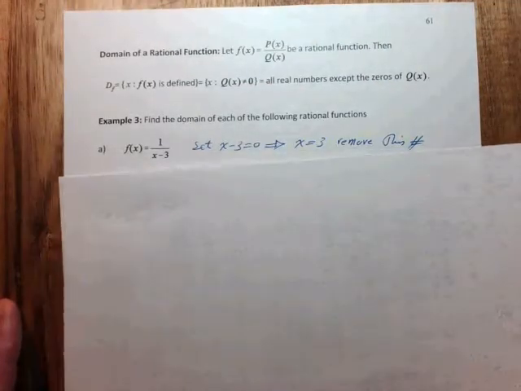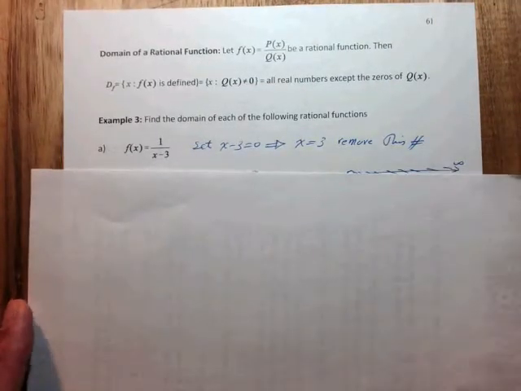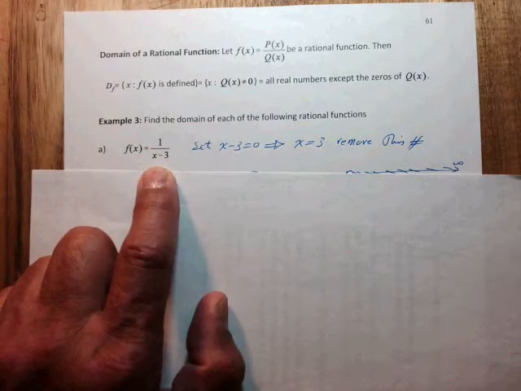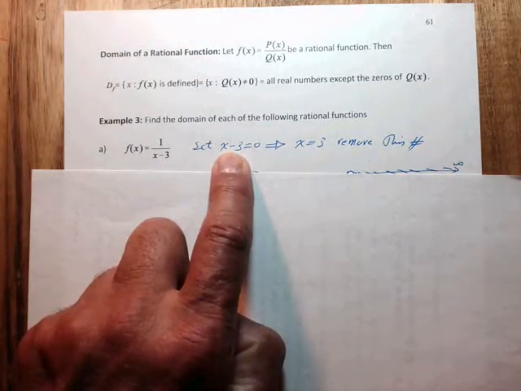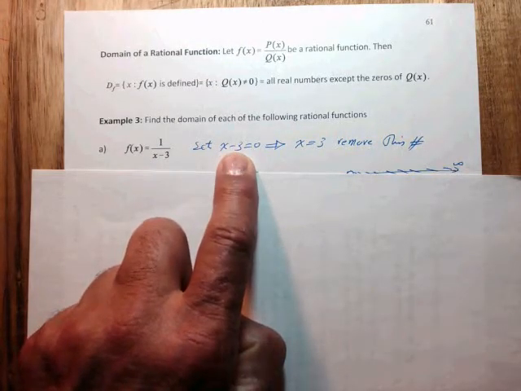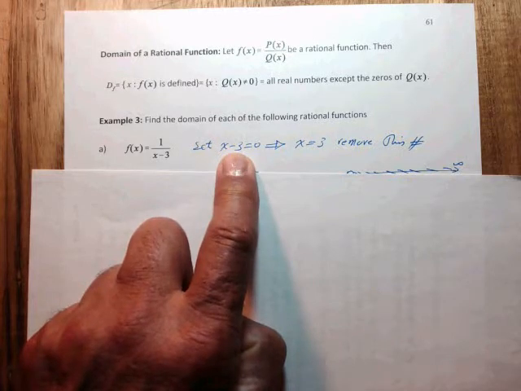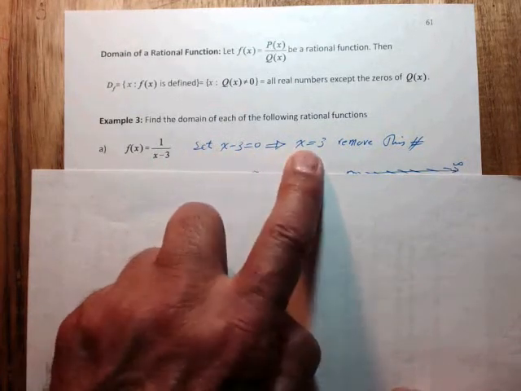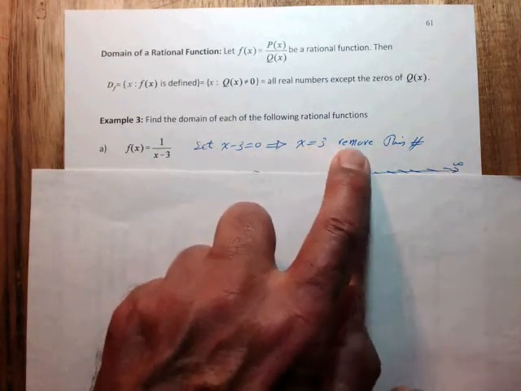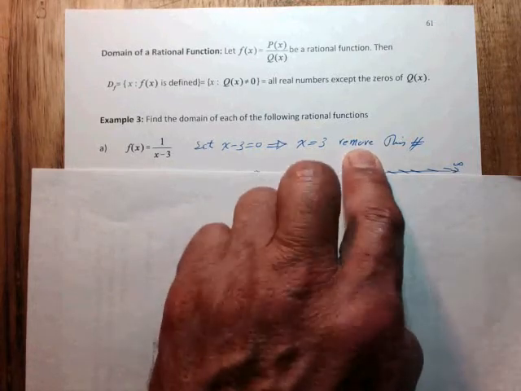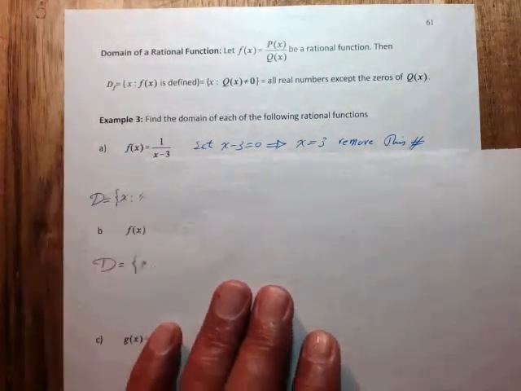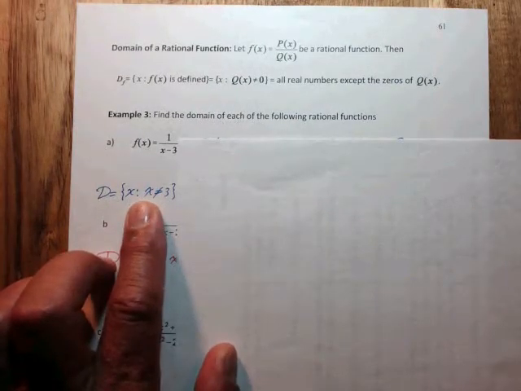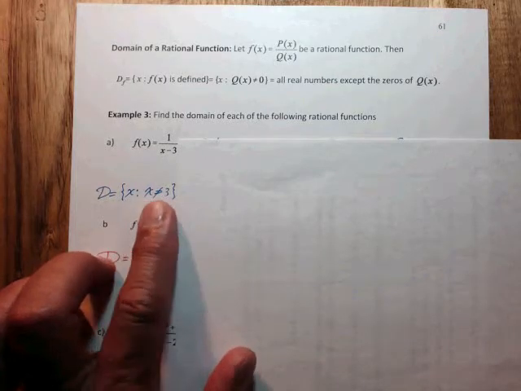So if we have this function here, f of x equal to 1 over x minus 3, first you put the denominator equal to 0 to see what the zeros of the denominator are. In this case only 1. So if I put x minus 3 equal to 0, I get x equal to 3, and I have to remove this point, because that's the point that makes the denominator 0. So the domain is the set of all x values except x equal to 3.